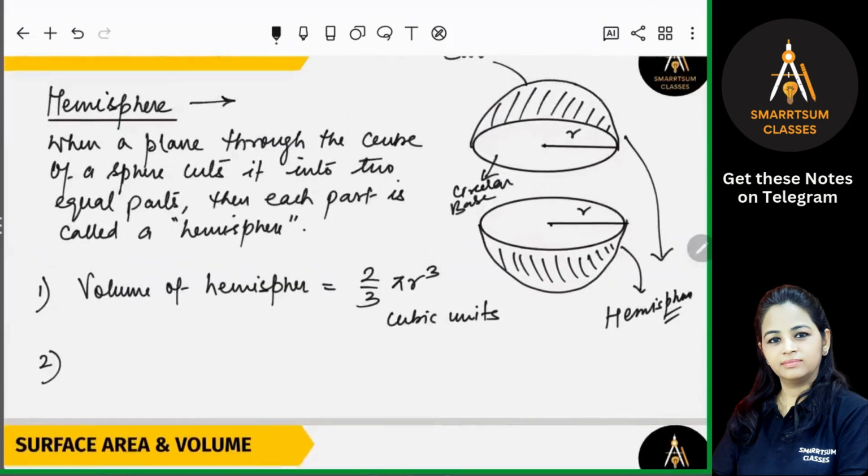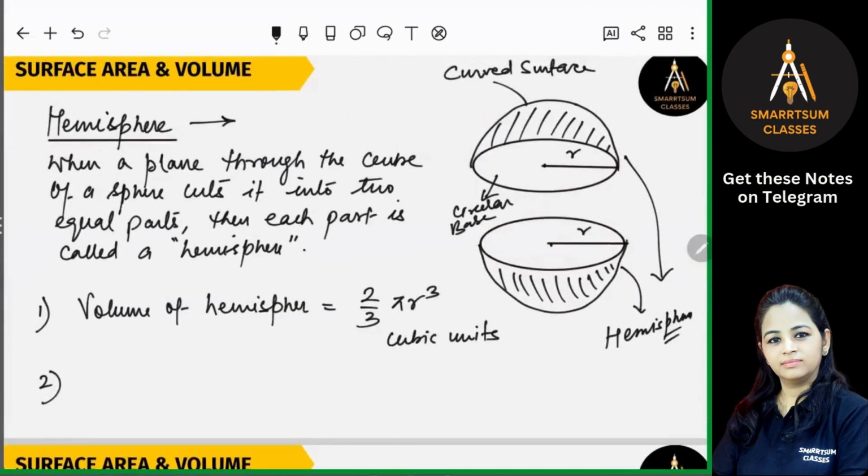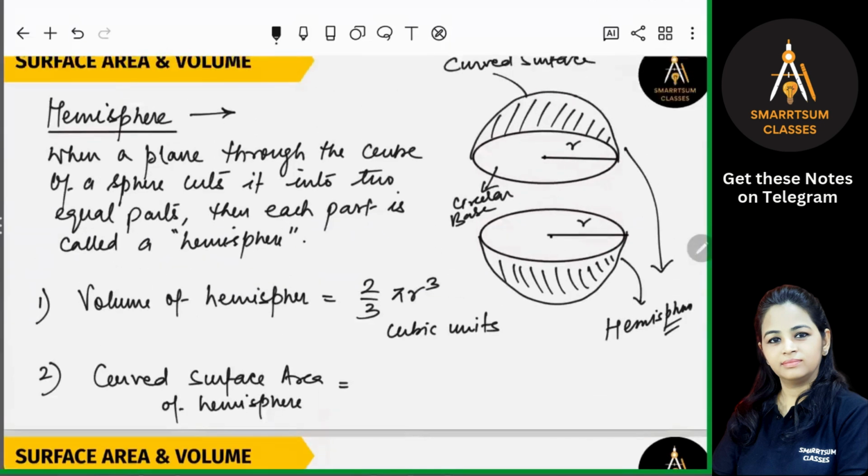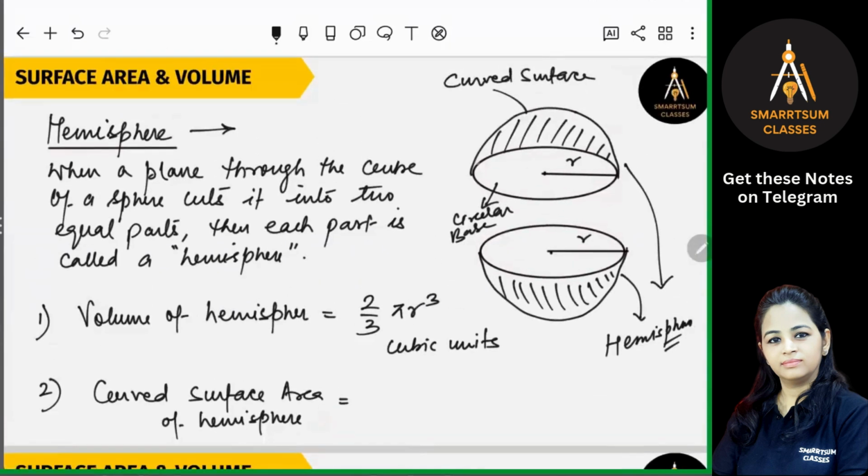Now, since there are two surfaces, the curved surface and the circular base, which is flat, we have two surface areas here. The curved surface area of the hemisphere is equal to 2 pi r square. This is half of the surface area of the sphere.